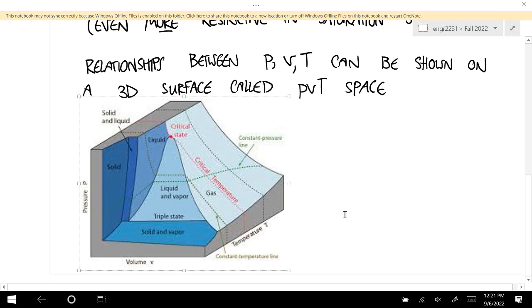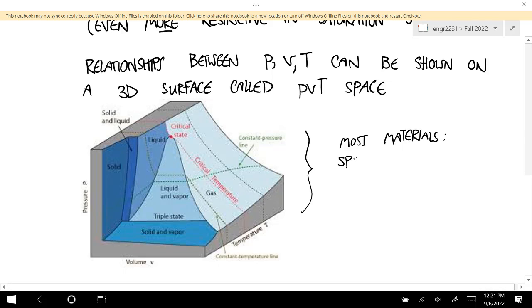Okay, this is most materials. Almost every material. And that's because the specific volume decreases on freezing.